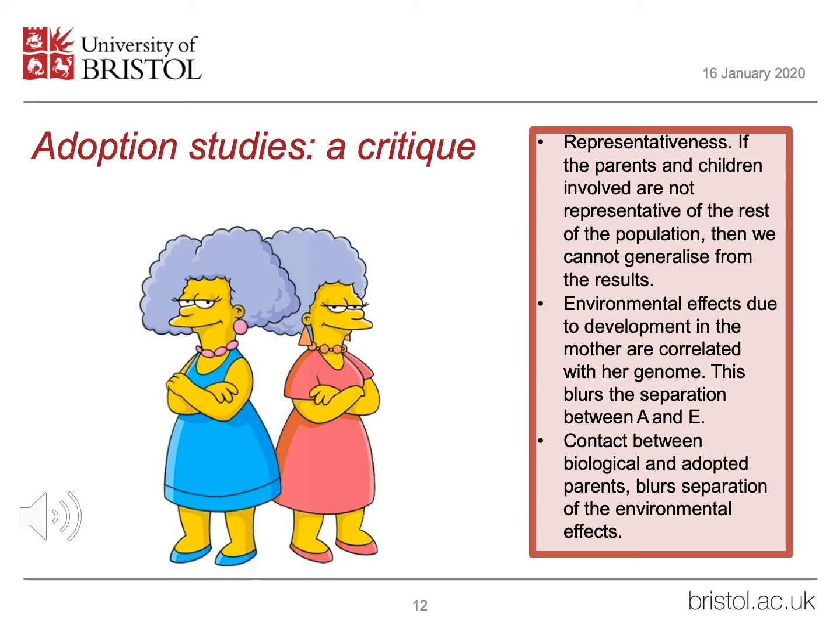Likewise, any social contact between the adopted child and its biological parents also blurs the separation of the environmental effects between the adopted family and the biological family. If any of these effects are significant, then this will reduce the generalizability of any results from adoption studies.